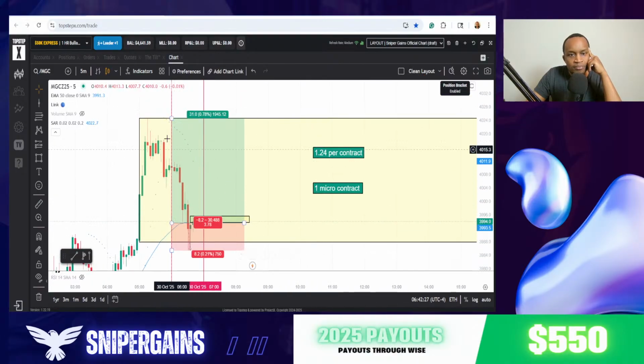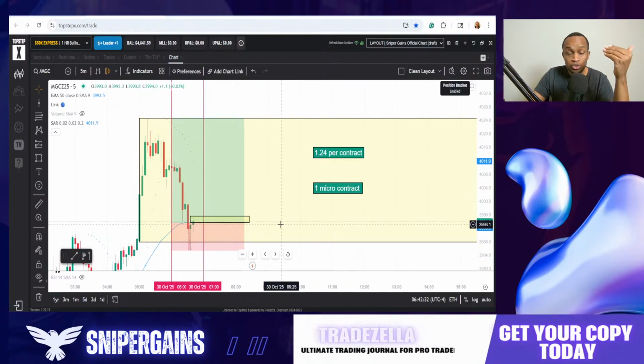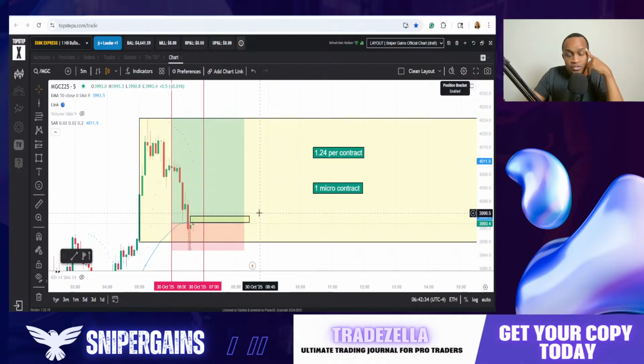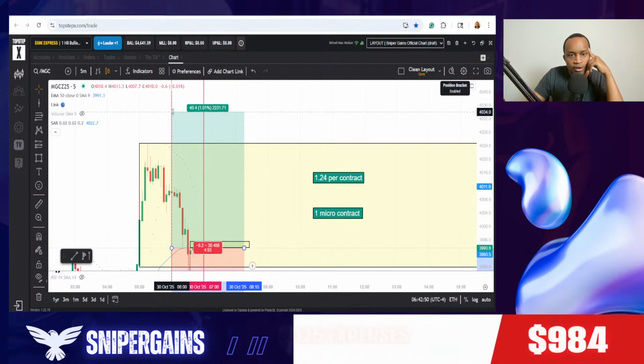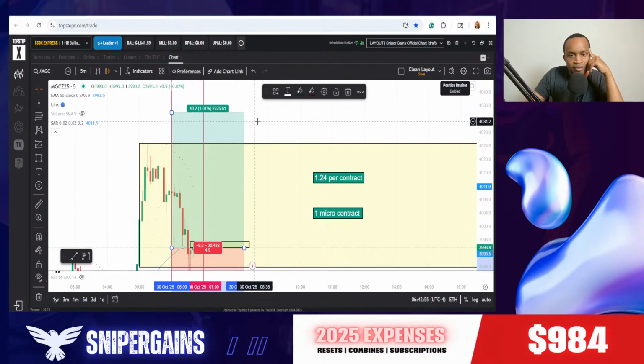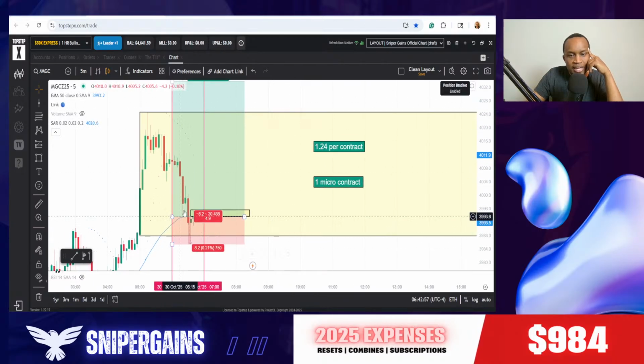Right now, I'd rather play to the upside and see if I can push above that. So that way we can try to hit 400. So if we were to try to hit 400, which is like about maybe around about there, we should be good if this forms a bullish fair value gap.